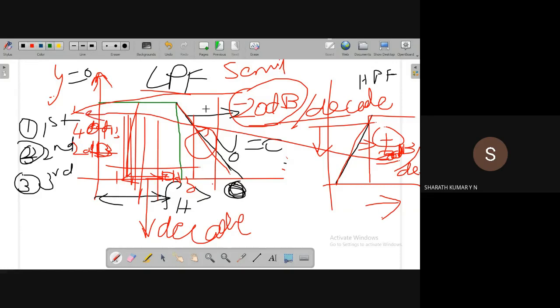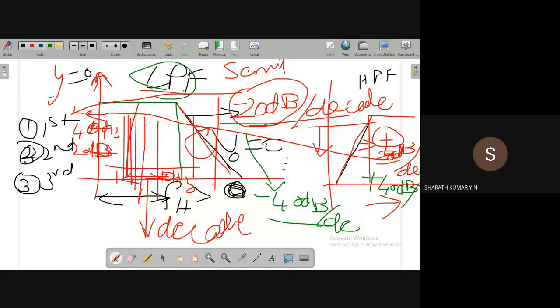If the gain reduces at a rate of minus 40 dB per decade for a low pass filter, or increases at a rate of plus 40 dB per decade in a high pass filter, it is called a second order filter.